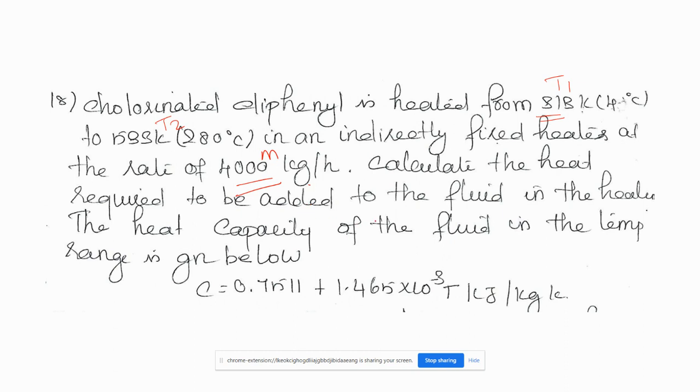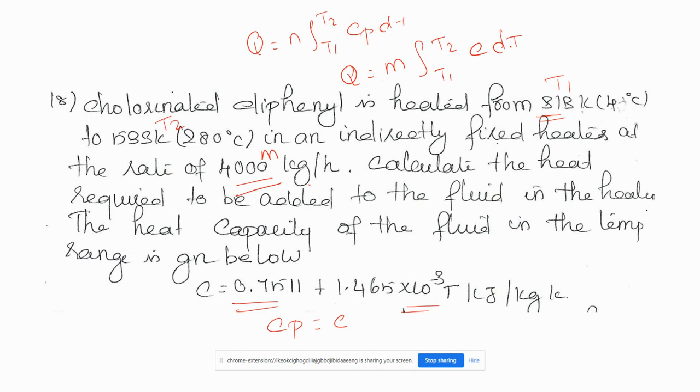The heat capacity of the fluid in the temperature range is given below. So C data is given, nothing else. They have given the Cp data. Only thing is the same formula, that is Q is equal to N integral T1 to T2 Cp dt. Instead of that, here it will be Q is equal to M integral T1 to T2 C dt.